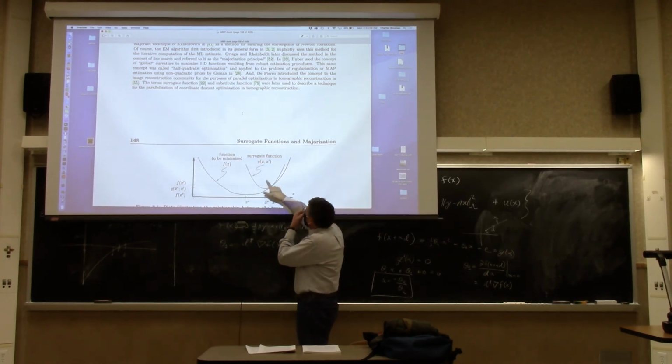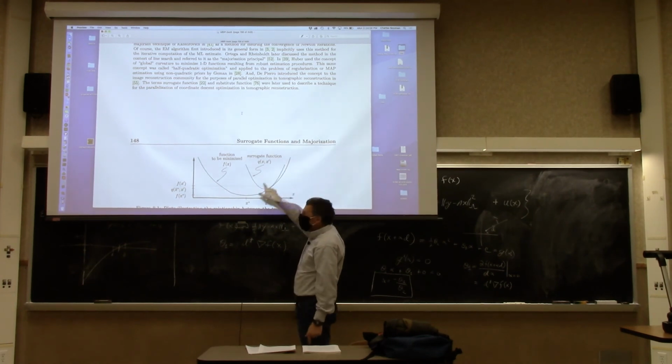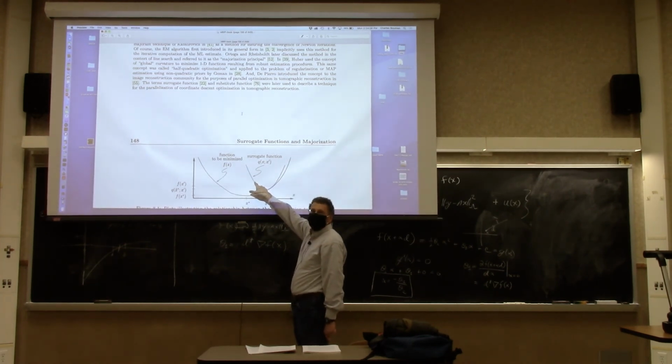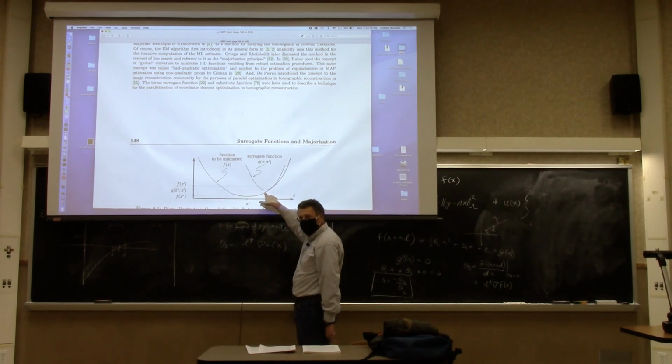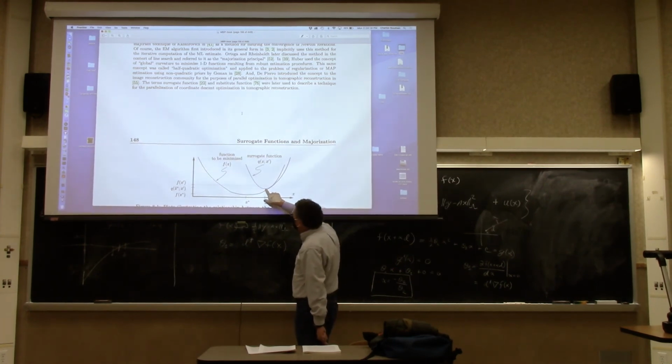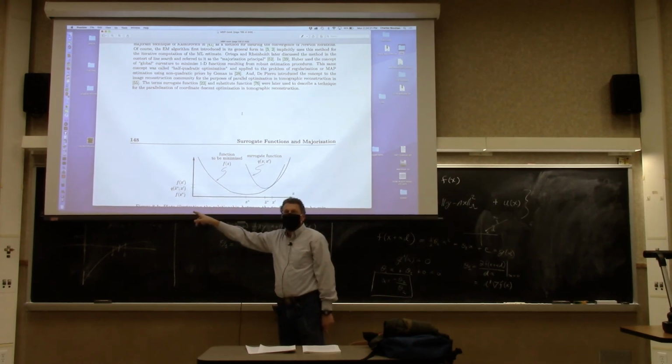And now you minimize the upper bounding function instead of the true function. Why? Because this function is easier to work with. When you minimize the upper bounding function, you're guaranteed to have reduced the true function, and you're guaranteed that you didn't overshoot.